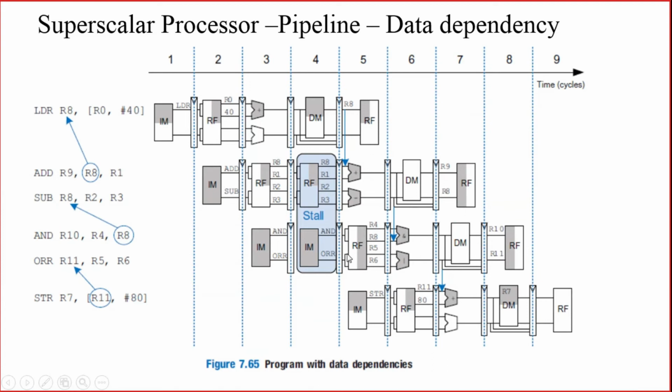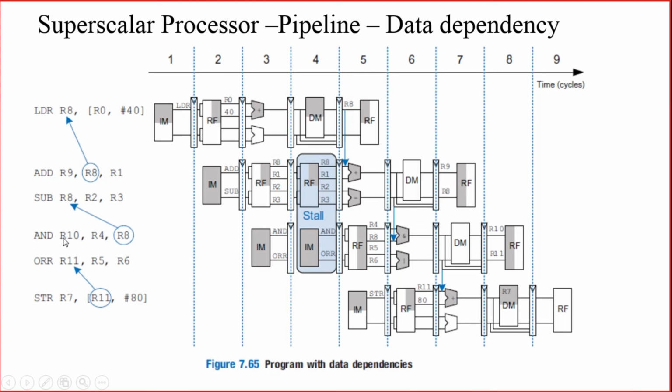Normally what will happen? The decoding will be done. In this case, decoding should be done in the fourth cycle. But since R8 is available only here, and the CPU stall has already taken place. Whenever a CPU stall is taking place in a particular cycle, whichever stages are present in that cycle, all the stages of all the instructions will be stalled. So if you have 5 instructions with different pipeline stages here, all of them have to perform this stall.